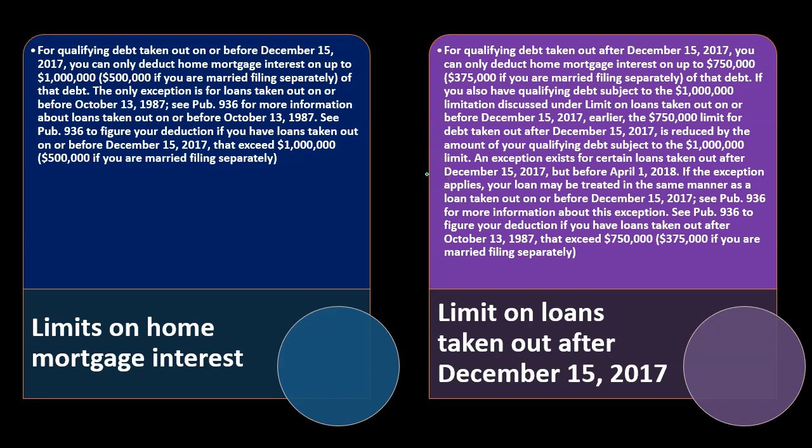If the exception applies, your loan may be treated in the same manner as a loan taken out on or before December 15th, 2017. You can see Publication 936 for more information about this exception. See Publication 936 to figure your deduction if you have loans taken out after October 13th, 1987 that exceed $750,000, or $375,000 if you are married filing separately.